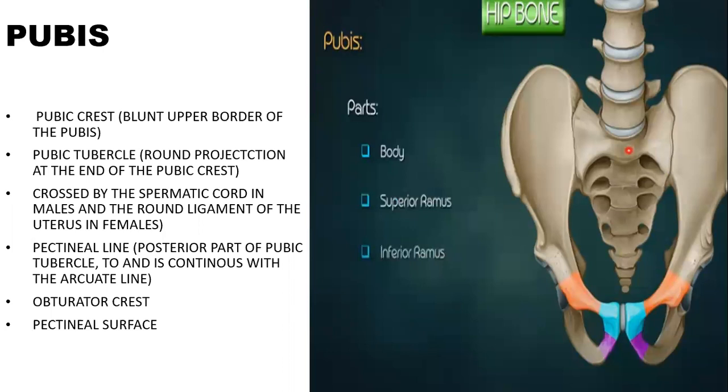So the pubis is the most anterior bone of the pelvic girdle. So you have two bones. So you have that one and you have that one. Okay. So the pubic bone has three parts. You have the body of the pubis, which is that part, and the body of the pubis is in contact with the other body of the pubis.